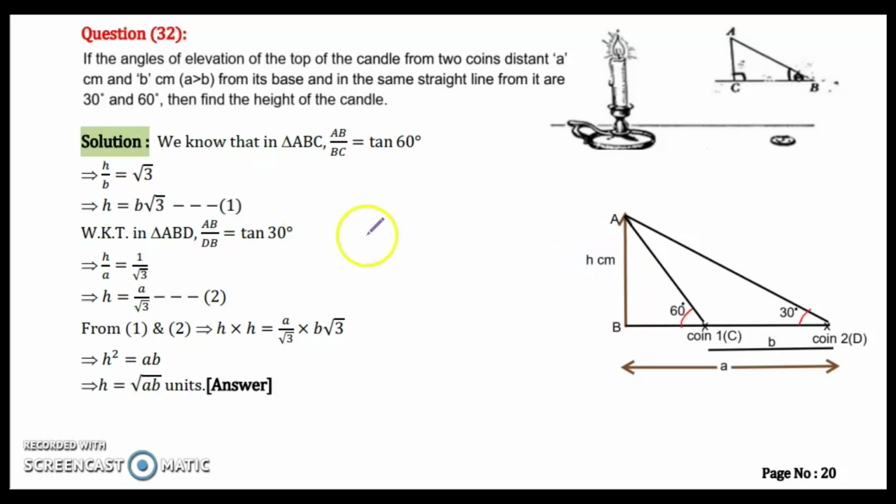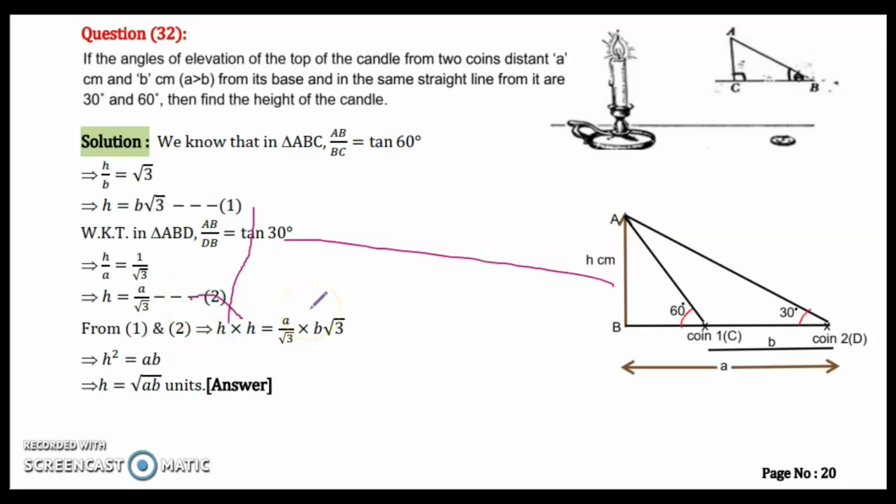Come on, start with the next triangle ABD. By the observation it is going to be 30 degree. That is h by a equal to 1 by root 3. That means h is equal to a by root 3. What is our aim? Our aim in the problem is to find the height of the candle, right? Therefore we have two equations here, equations 1 and 2.